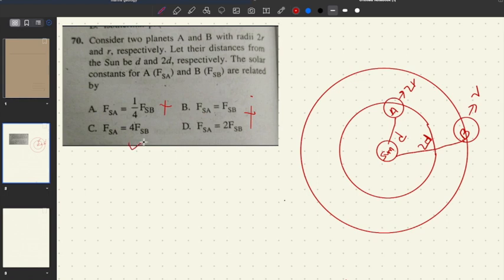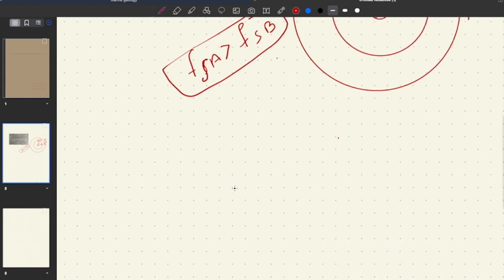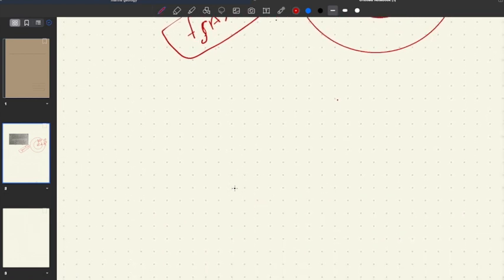So we have two possibilities now, either this one or this one. FSA is always greater than FSB. This is our FSB over here, this is FSA. So that is clear. The solar constant FSA on Earth should always be bigger than FSB on Mars. This is earth, this is Mars. So either C or D can be correct. Now let's solve this, it is very easy.